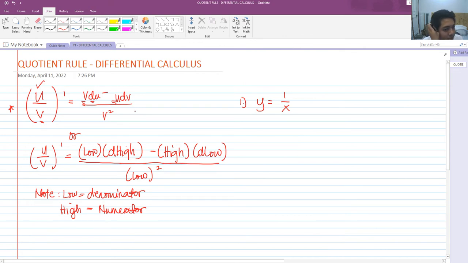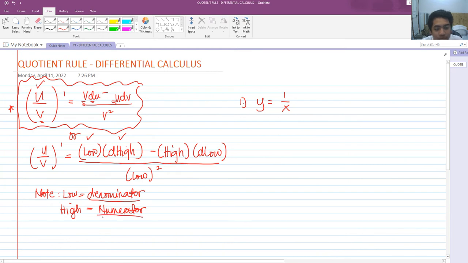Or we have a more common mnemonic to help us understand rather than memorize this formula. If we wish to get the derivative of a quotient function, u all over v, we have low multiplied by d high. What does that mean? Low here is the denominator and high here is the numerator.